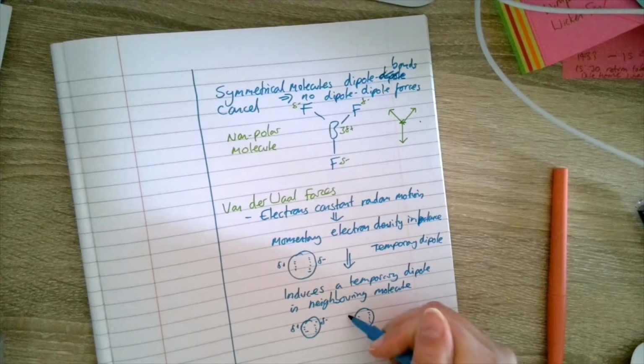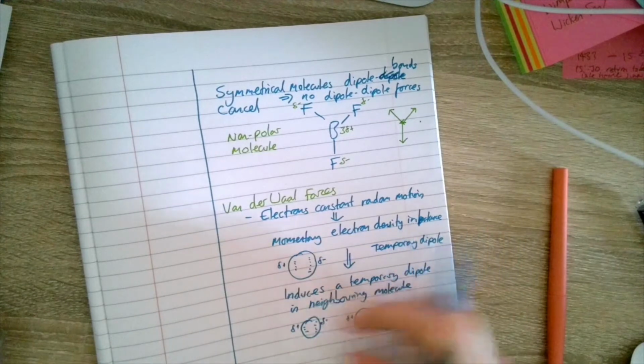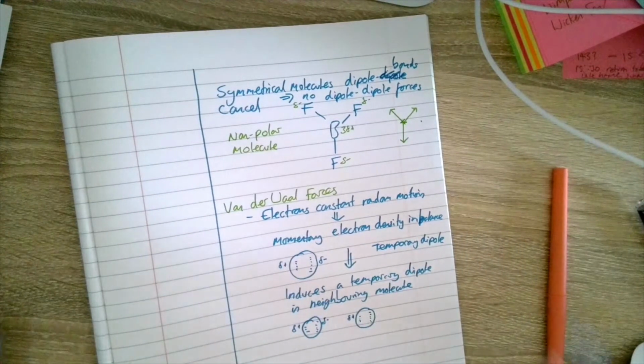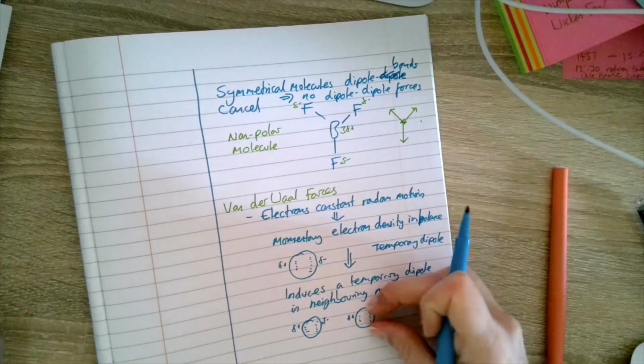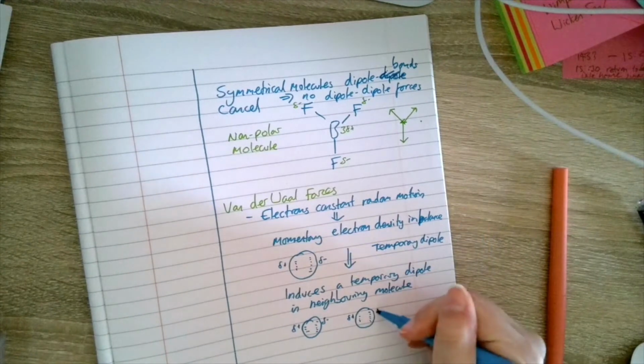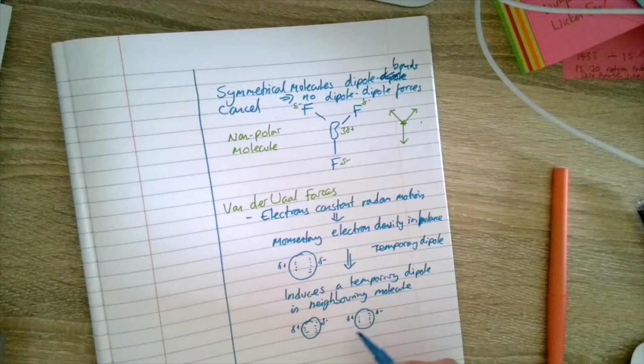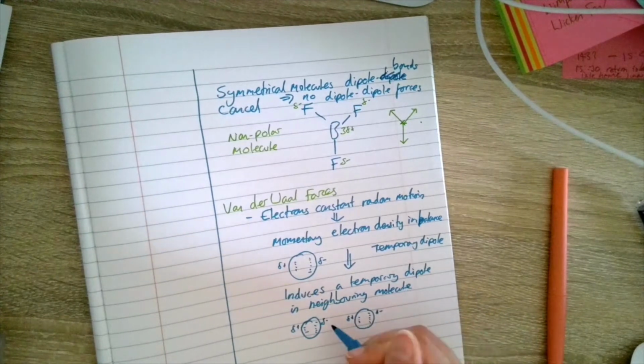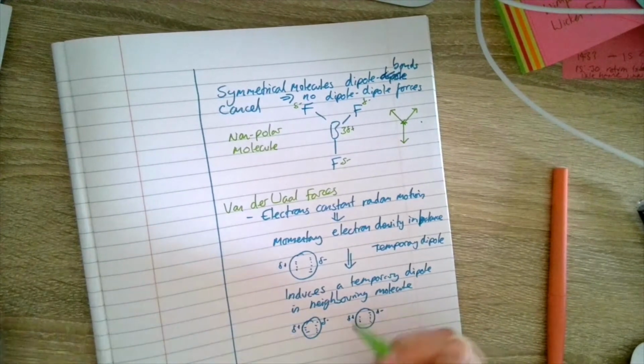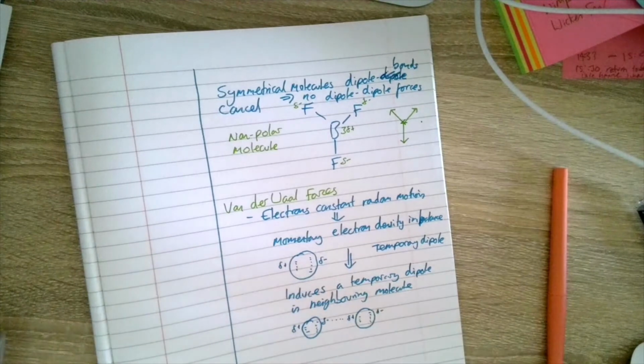And so you're then left with a similar kind of setup where you've got more negatives on one side and fewer on the other, meaning this is then delta positive. So you then get attraction between that delta negative and your delta positive.